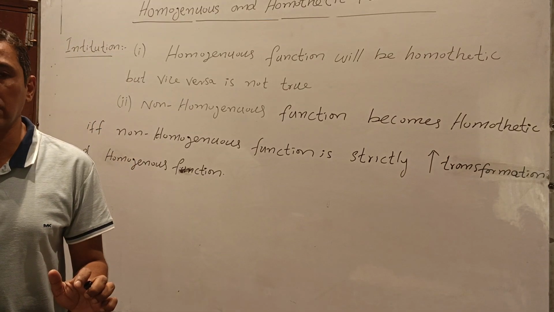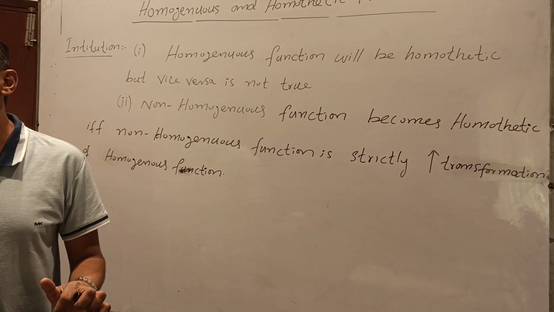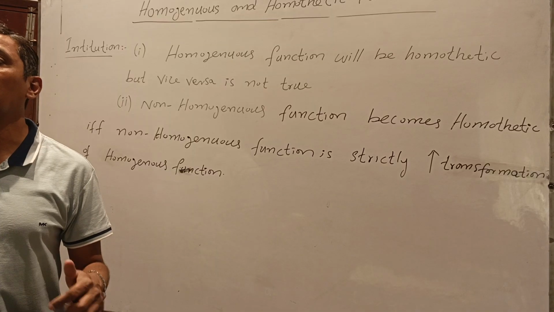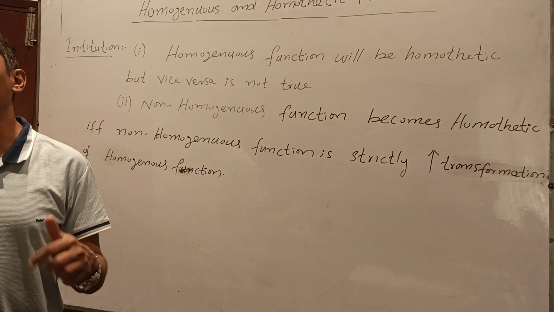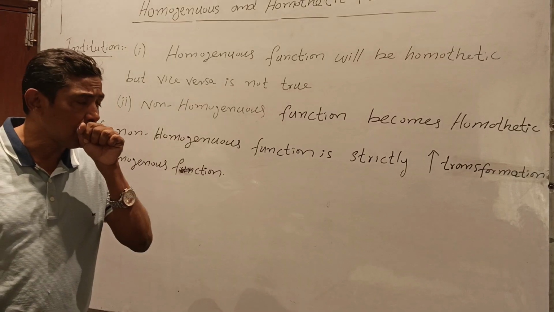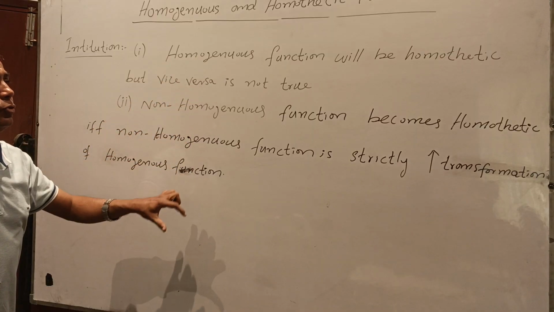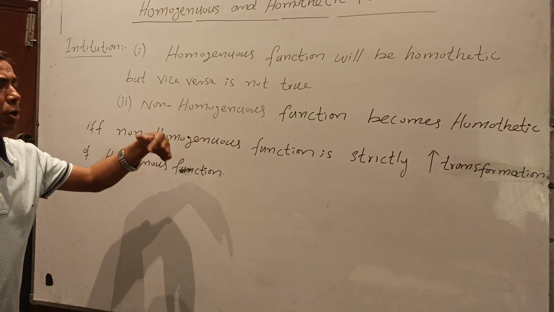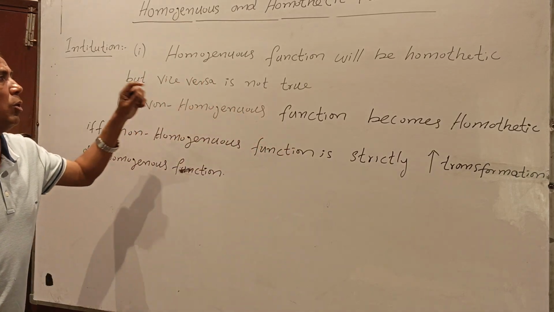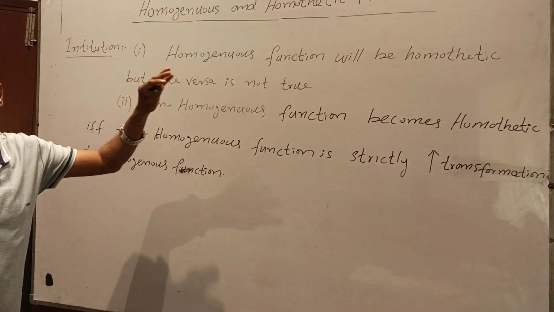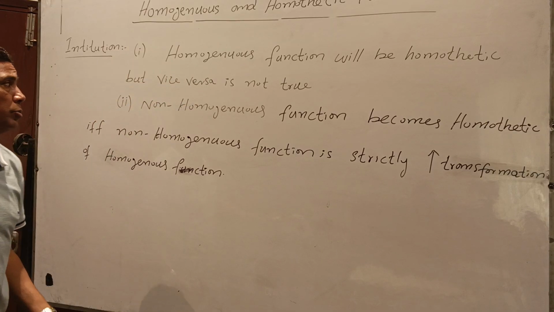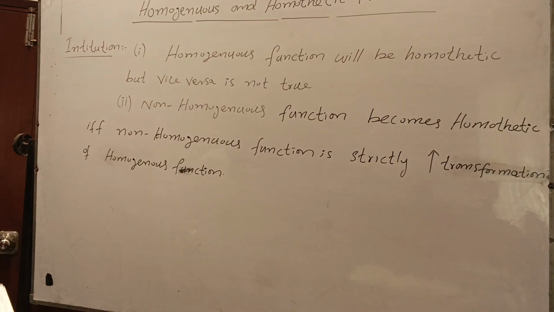Similarly, the log of a function, if the base of the log is greater than 1, is always an increasing function. Clear? So we will try to prove how a non-homogeneous function may be homothetic, or how a homogeneous function is homothetic. We have to prove these two statements. Now move forward.